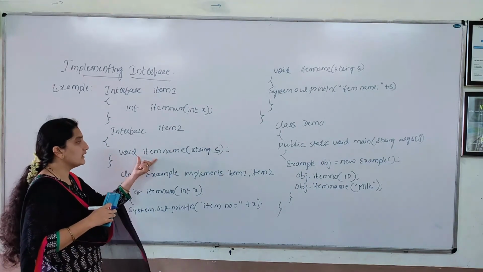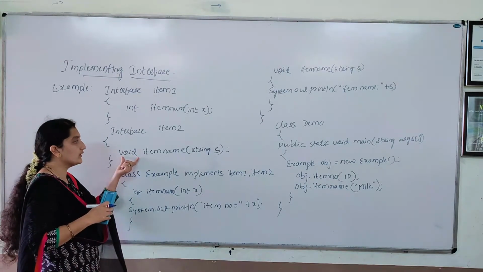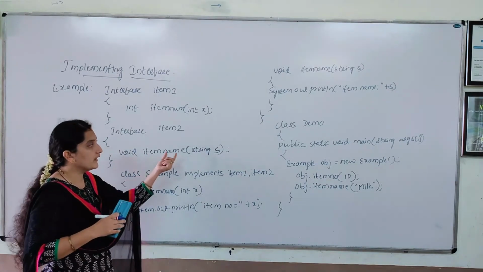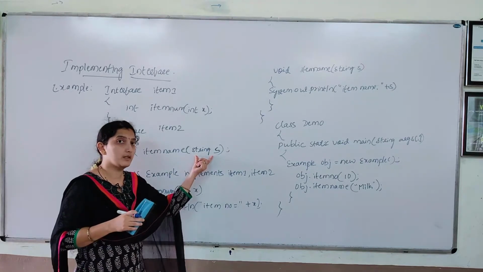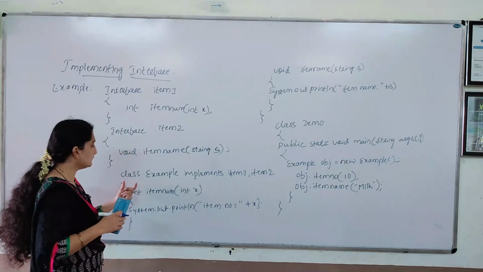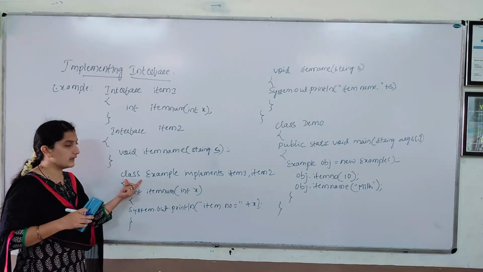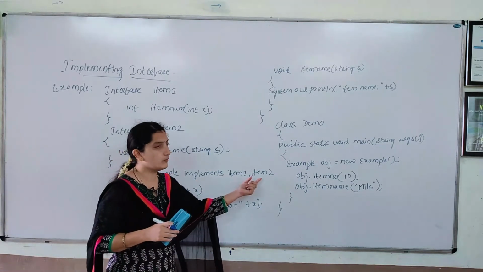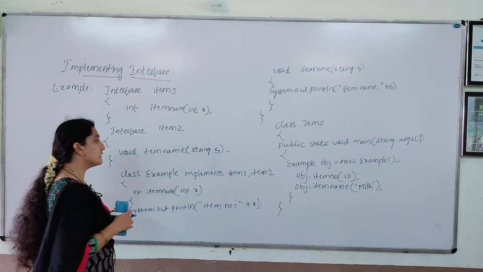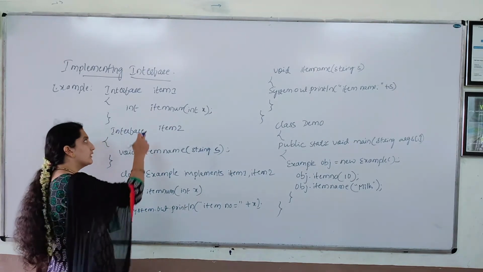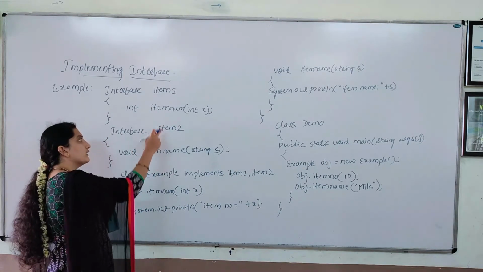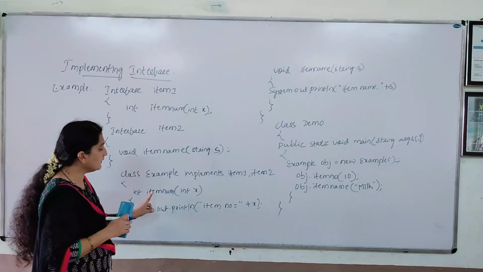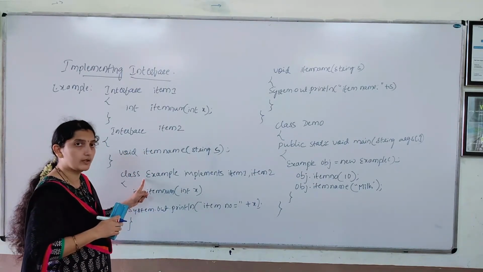In this interface, I have declared one method, item name, where I am passing a string parameter. And I have created one class called Example, which implements both the interfaces Item1 and Item2. When it is implementing both the interfaces, the methods declared in both the interfaces should be defined in class Example, that we already know.